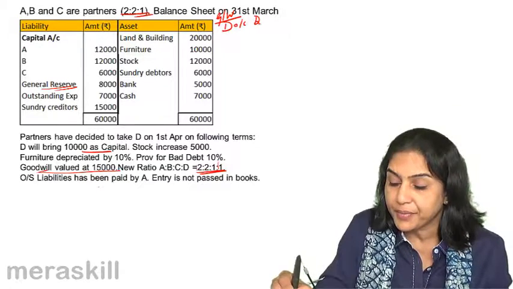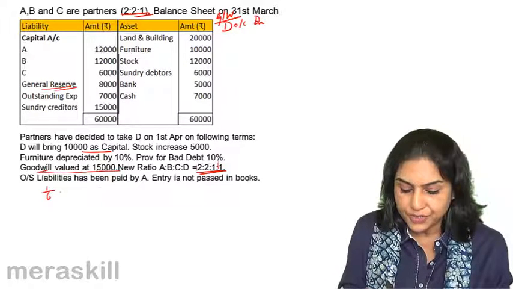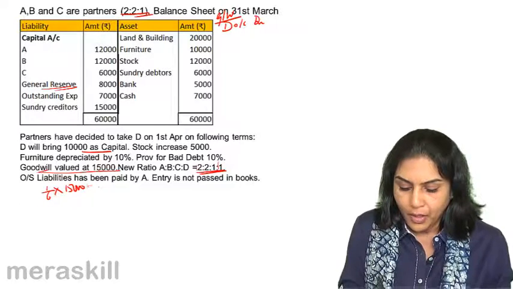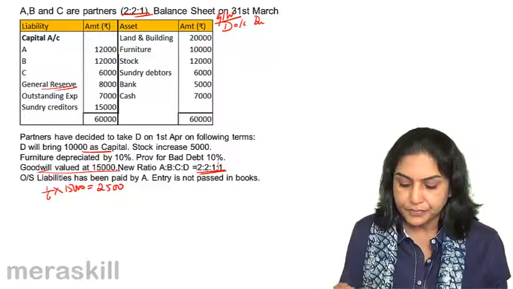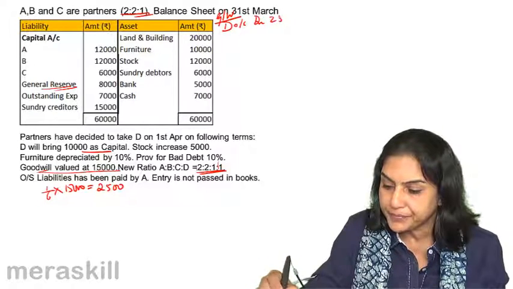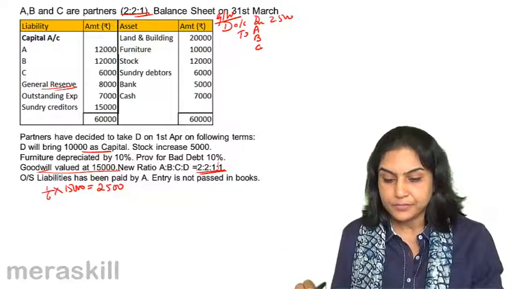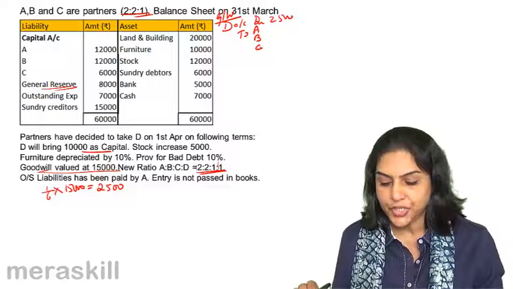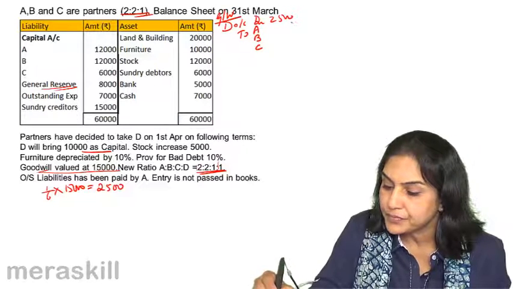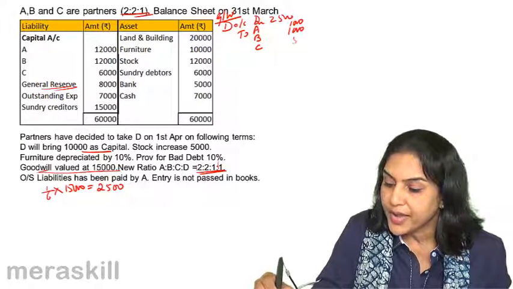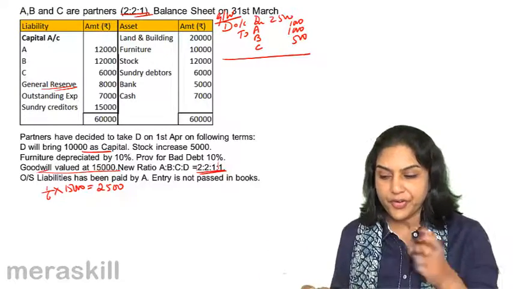So D account debit with his share of goodwill, that is 1/6 of 15,000, 2,500, to A, to B, to C in the sacrificing ratio, which is 2:2:1. That is 1,000, 1,000, 500. Next entry for revaluation.